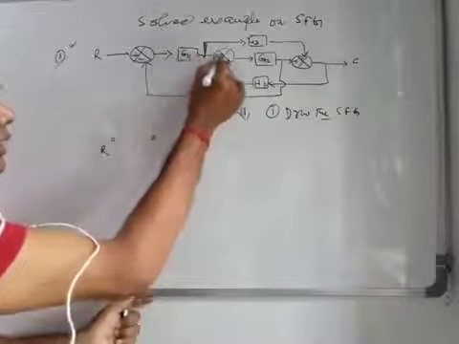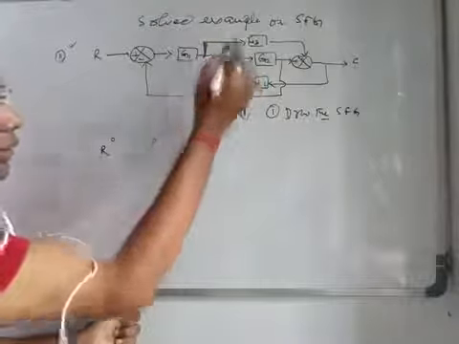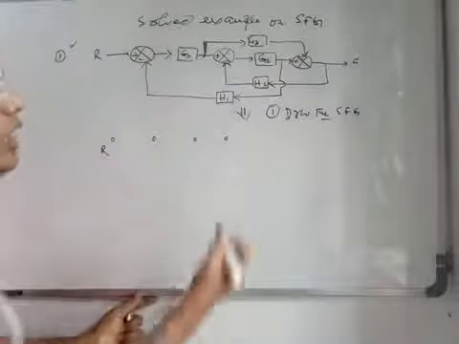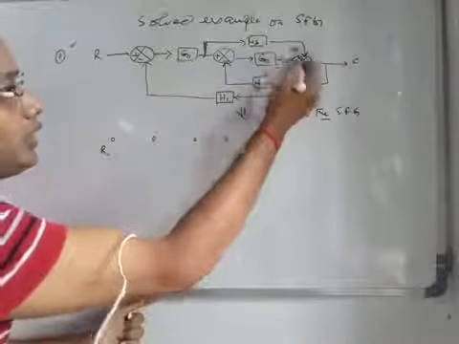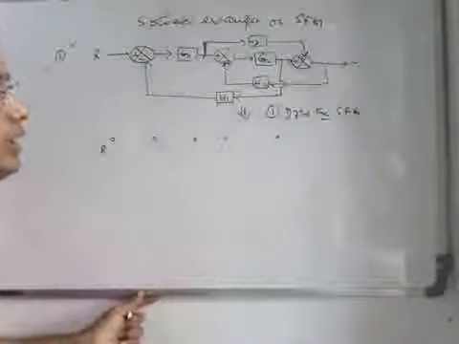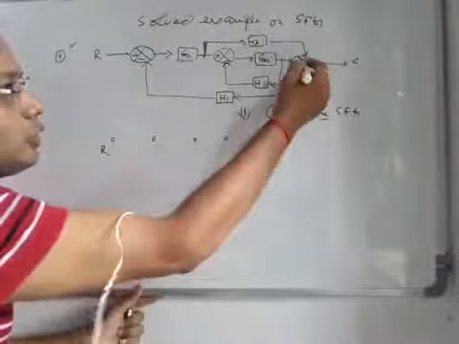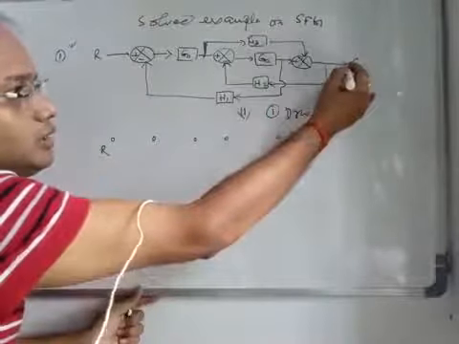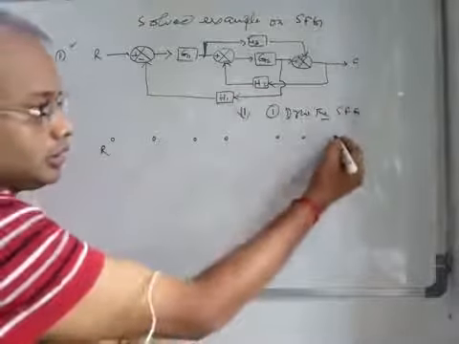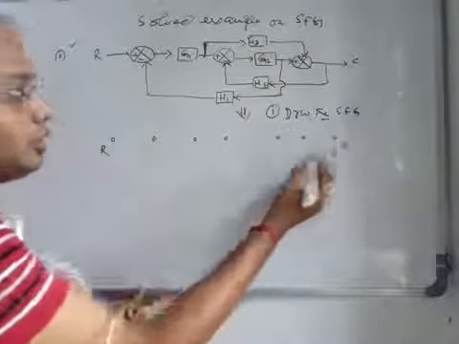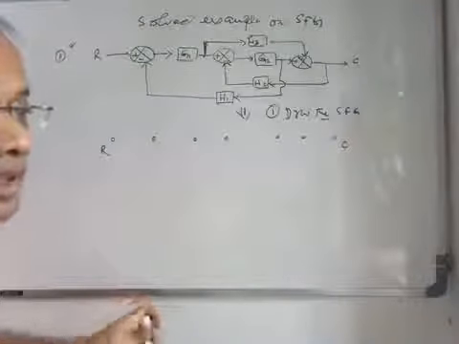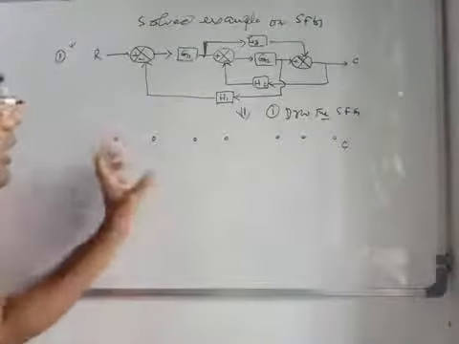This is one takeoff point, another node, and this is also a summing point, another node. And this is your output, that is your C. So we have considered all these takeoff points and summing points as the nodes.